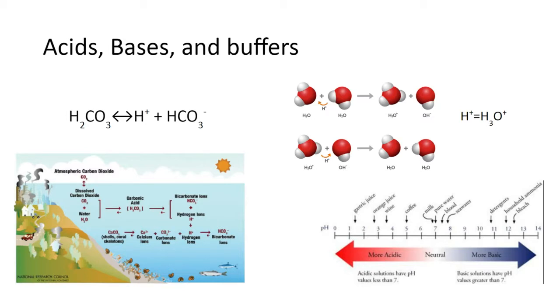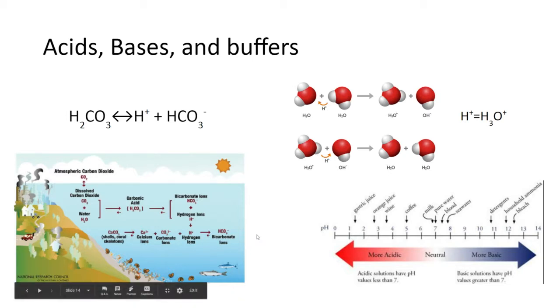So some can say we have hydronium concentration, or they can say concentration of hydrogen ions. pH is the measure of how much hydrogen or hydronium ions we have. As pH goes down, it's more acidic. As pH goes up, it's more basic.